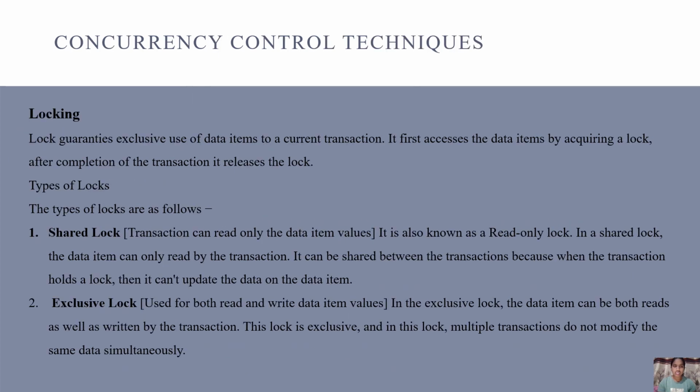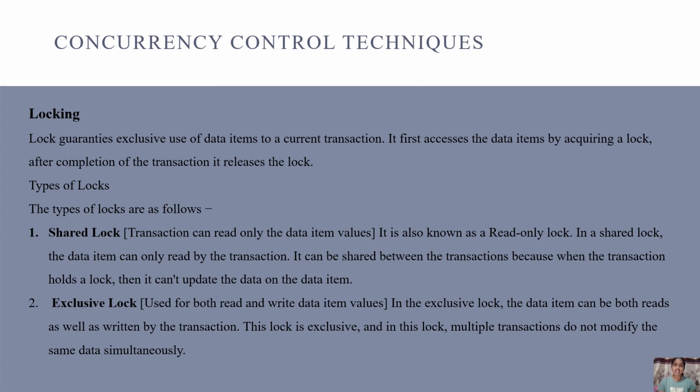The next one is the concurrency control technique: locking. A lock guarantees exclusive use of data items to a current transaction. It first accesses the data items by acquiring a lock. After completion of the transaction, it releases the lock. Types of lock. The first one is the shared lock. The transaction can read only the data item values. It is also known as a read-only lock. In a shared lock, the data item can only be read by the transaction.